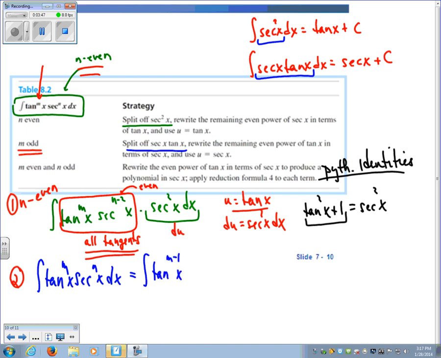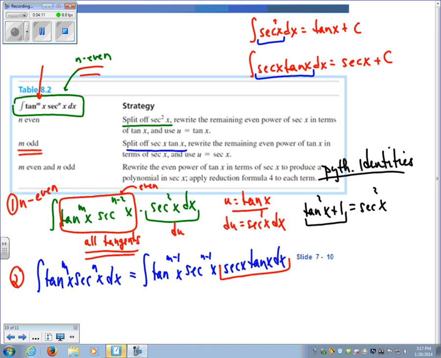I'm taking one of the secants away, so I'm going to have a secant to the n minus 1. And then I'm going to have just one single secant and tangent. So all I've done is break one of these off, and now I've got secants and tangents on the other one.